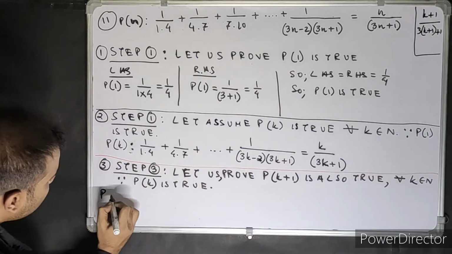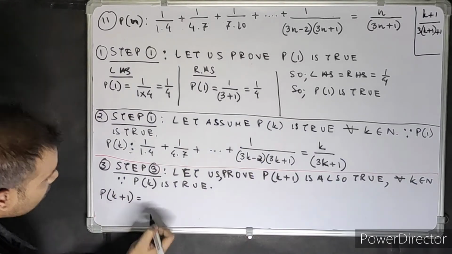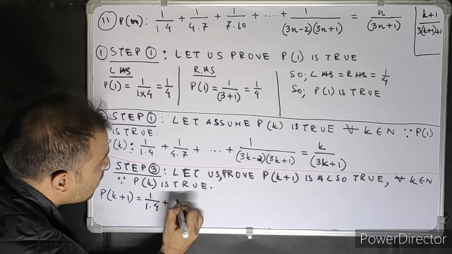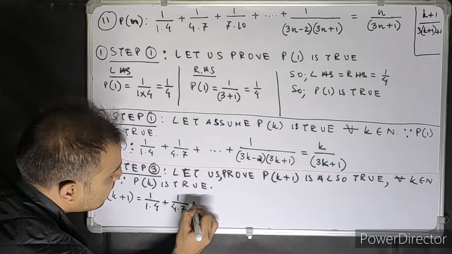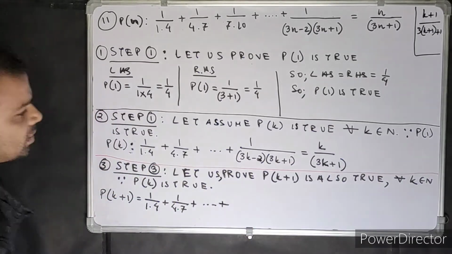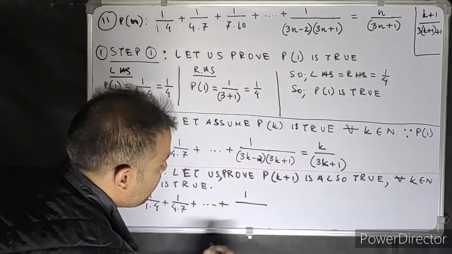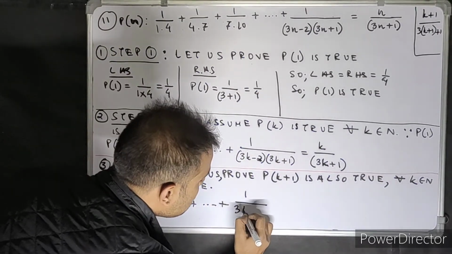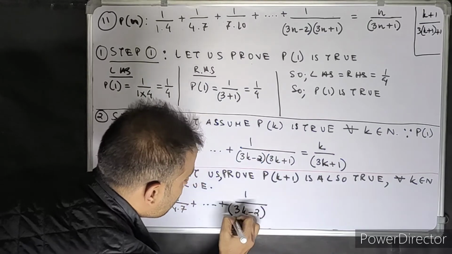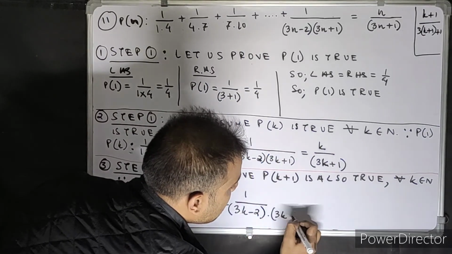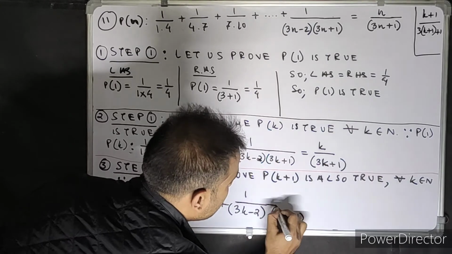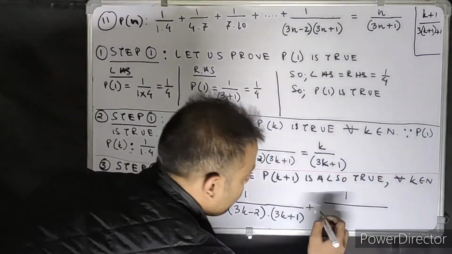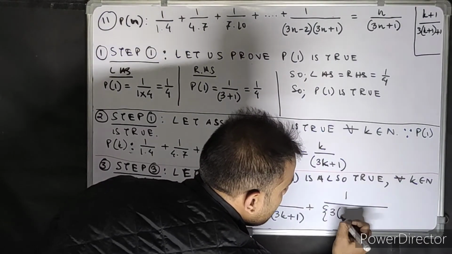So P of k plus 1 now will be equal to 1 by 1.4 plus 1 divided by 4.7 plus and so on, plus 1 divided by 3k minus 2, 3k plus 1, plus 1 divided by what will it be?